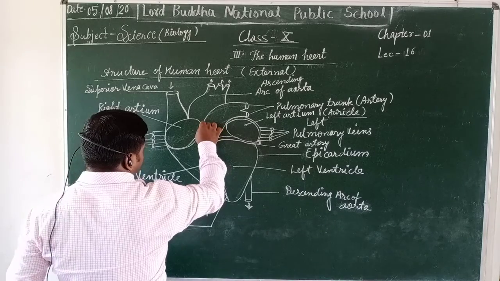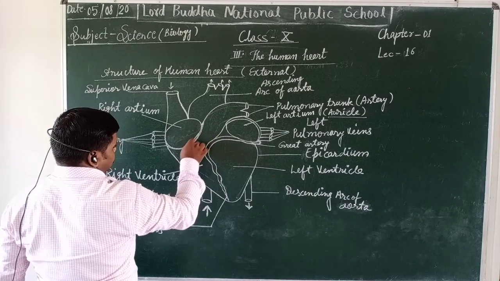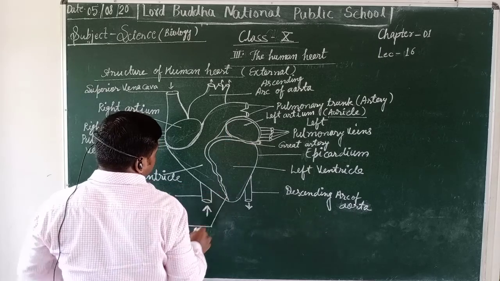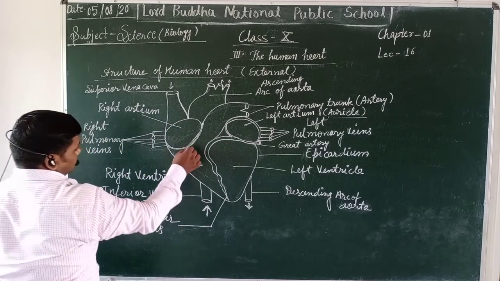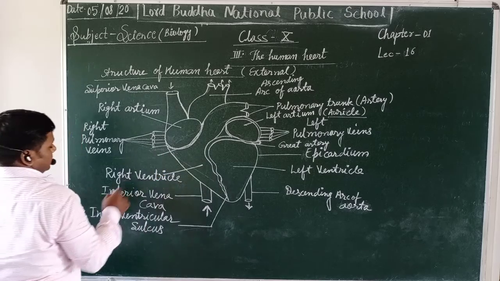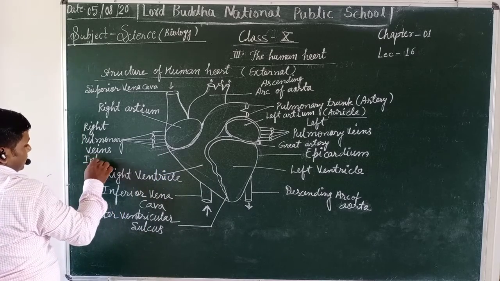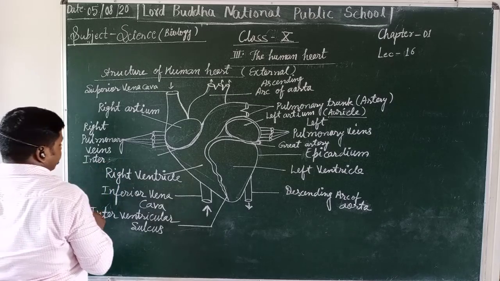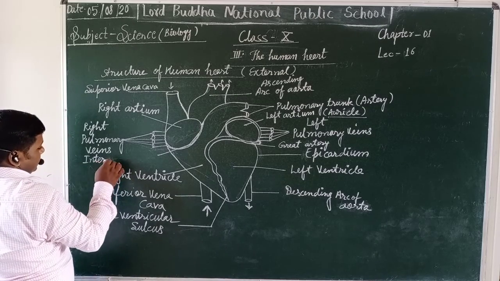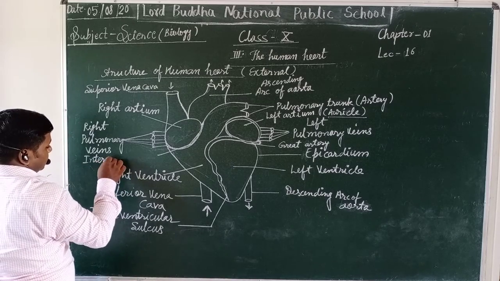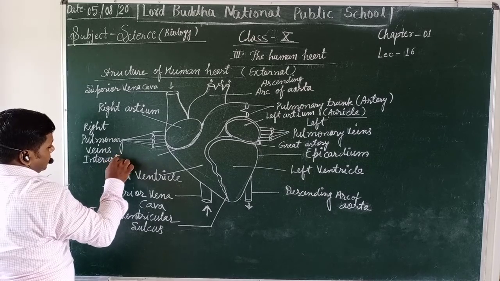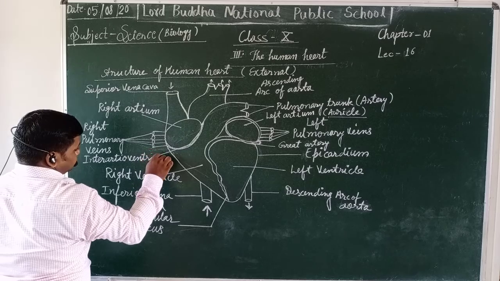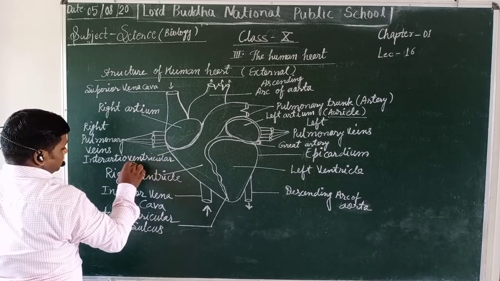The membranous structure, thick muscular structure that helps in separation of atrium and ventricle is also known as interatrioventricular septum.